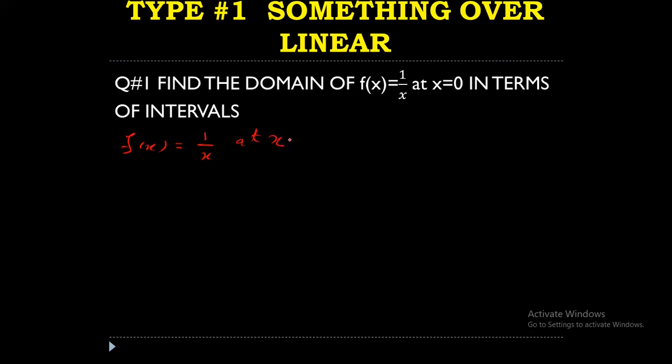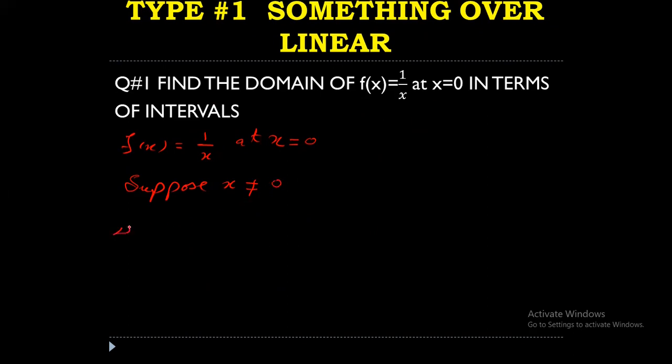Okay, at x equal to 0. Suppose x is not equal to 0 because our requirement is not infinity. So x should not be equal to 0.